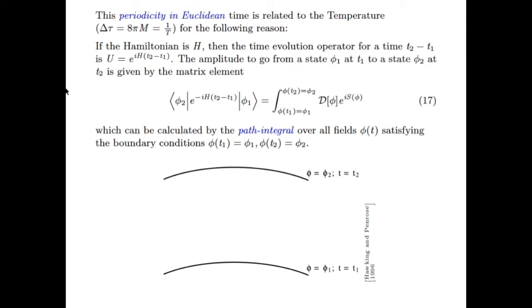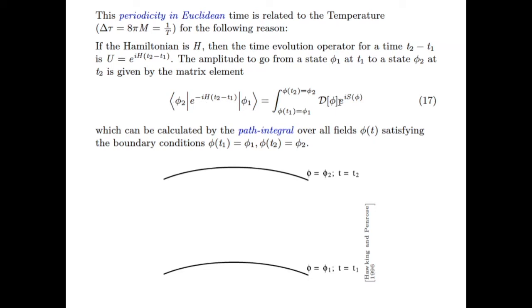This is a bit technical. Suppose you have a Hamiltonian. Then, of course, if you want to calculate the time evolution, that's given by a unitary operator like this. And from a QFT point of view, the amplitude to go from a state phi 1 at time t1 to a state phi 2 at time t2 is given by this kind of matrix element, where you have this evolution operator wedged between phi 2 and phi 1.